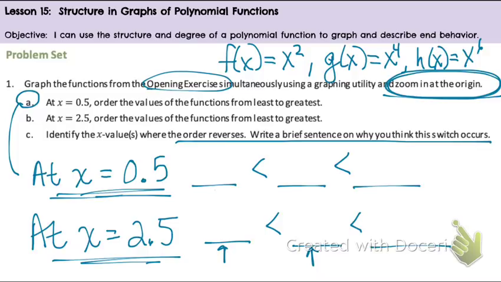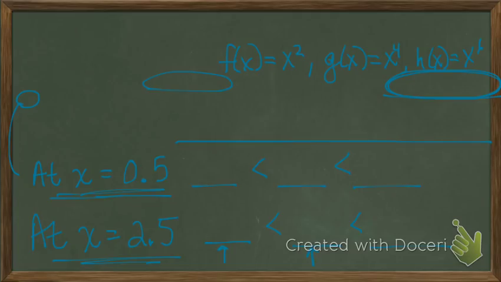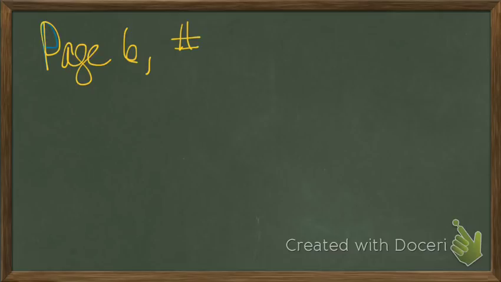But when I come back to class tomorrow, I'm going to erase this. I would like you to have completed up through page 6, numbers 4, A through D, and number 5, A through D.